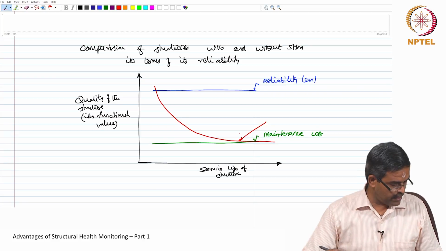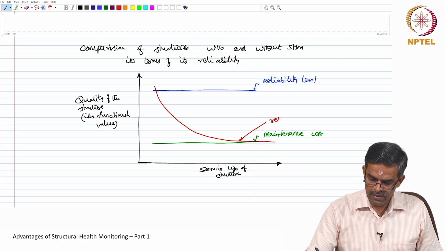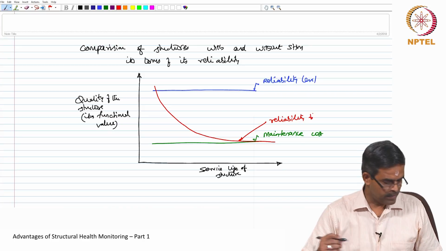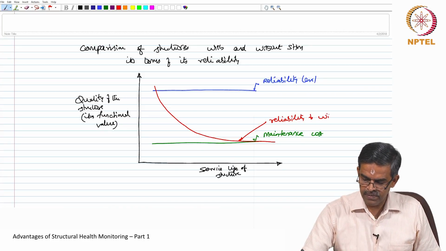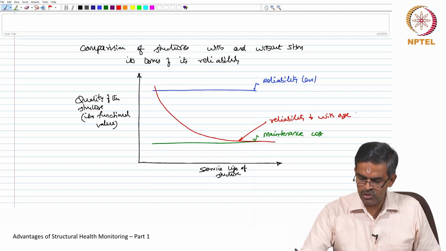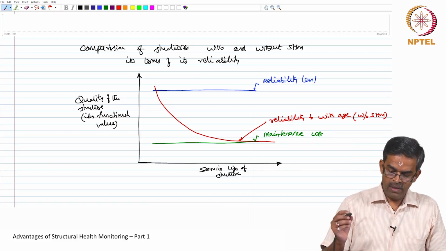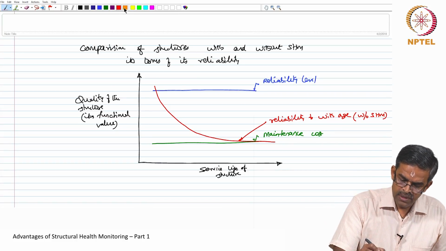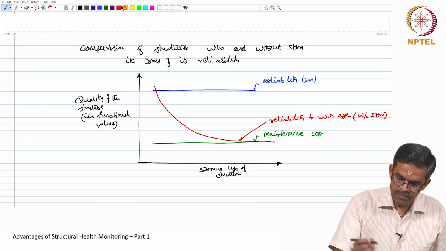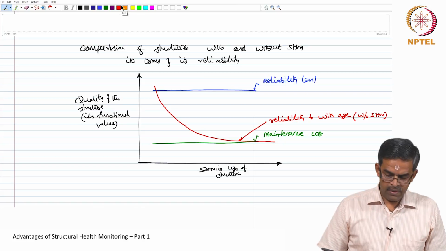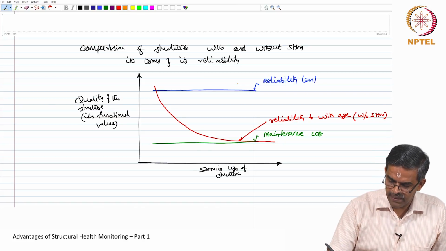So, this indicates there is a reduction in reliability with age, which is true with structures without SHM. On the other hand, if I have a structural system with SHM, reliability will be maintained with the age of the structure.